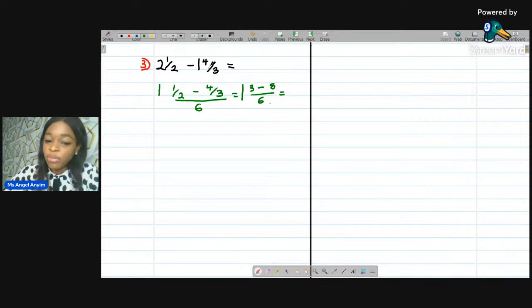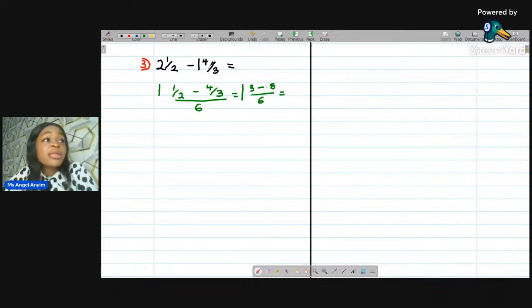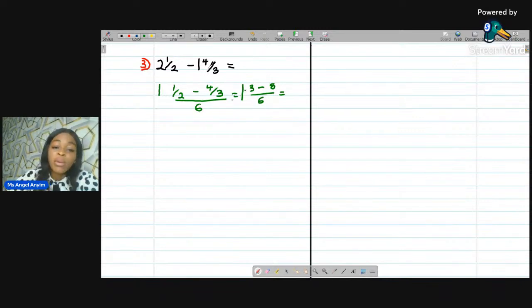Then there's a problem here. 3 minus 8 is not possible. 3 minus 8 is not possible because 8 is bigger than 3. So what do you do? Remember how we do our normal fractions. You have to borrow this one.